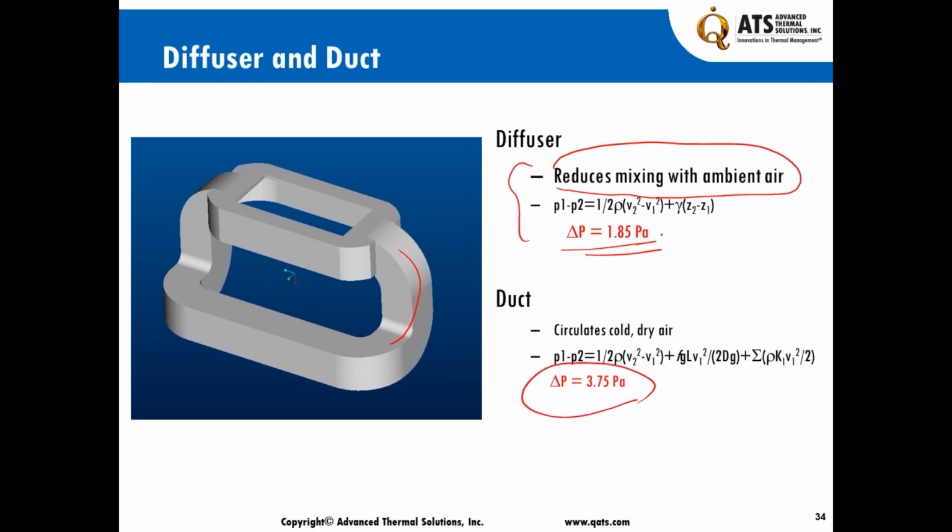The combination of these two, the fan curve for the fan that we had chosen, and the system curve give us the adequate flow that we need. This is delta P, this is volumetric flow rate, adequate flow that we need in order to select the right fan and design it accordingly.